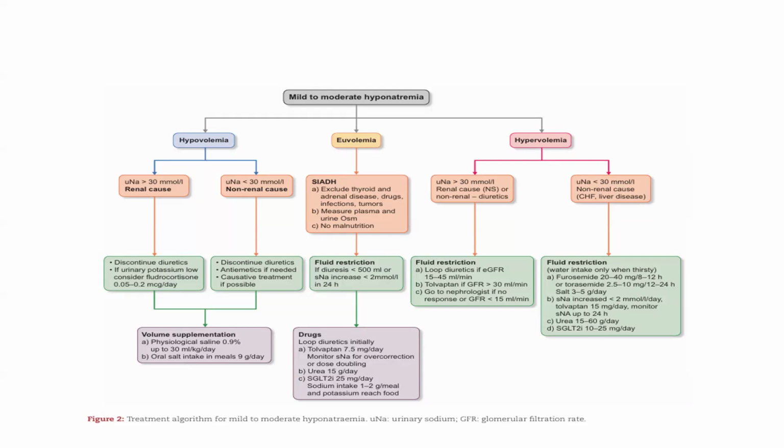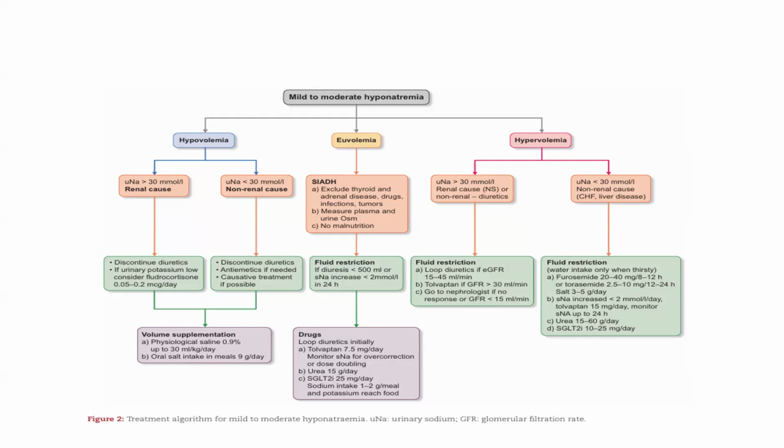In case of a renal cause, discontinue diuretic, and if urinary potassium is low, consider fludrocortisone of 0.05 to 0.2 mg per day. If urinary sodium is less than 30, then discontinue diuretics and antiemetics if needed, and give causative treatment if possible. Then correct it with volume supplementation, that is physiological saline 0.9% up to 30 ml per kg, and oral salt intake in meals, that is 9 gram per day.